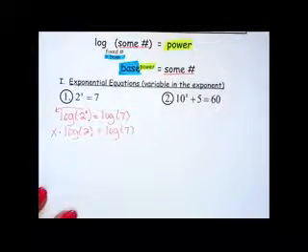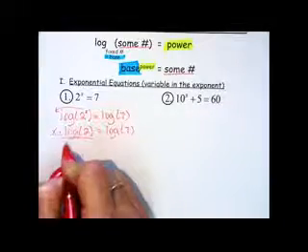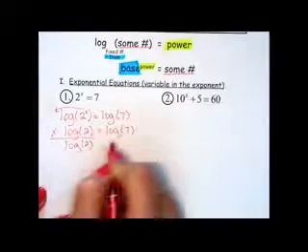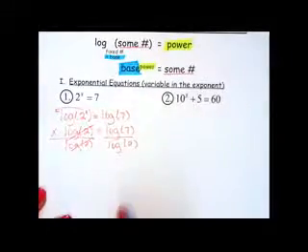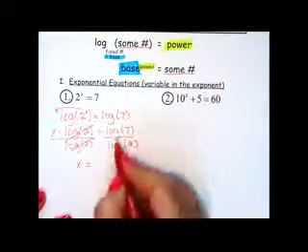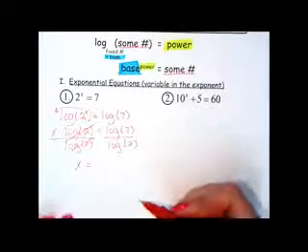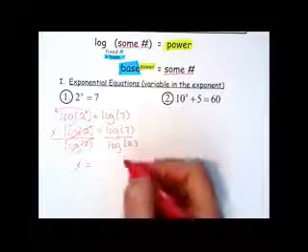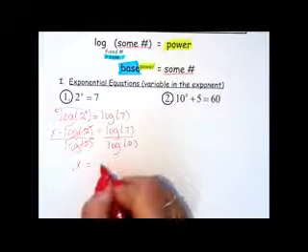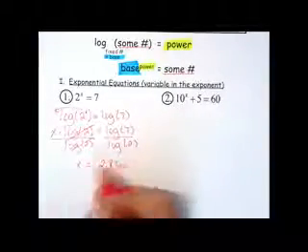So we divide both sides by log of 2. It cancels from the left. And now all we need to do is calculate log of 7 divided by log of 2. And when we calculate that, let's round to 2 places after the decimal, that equals 2.81.